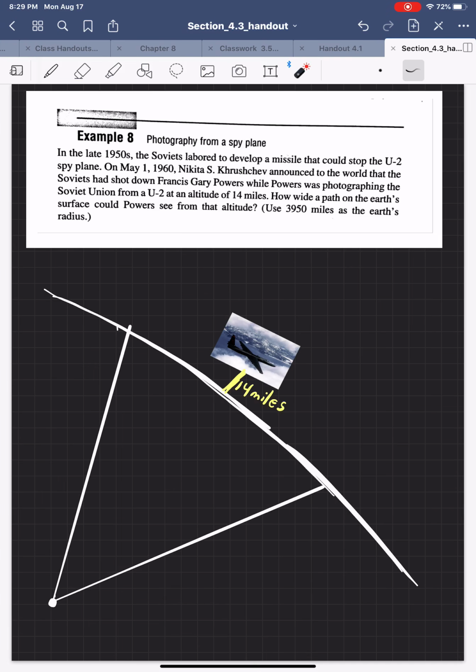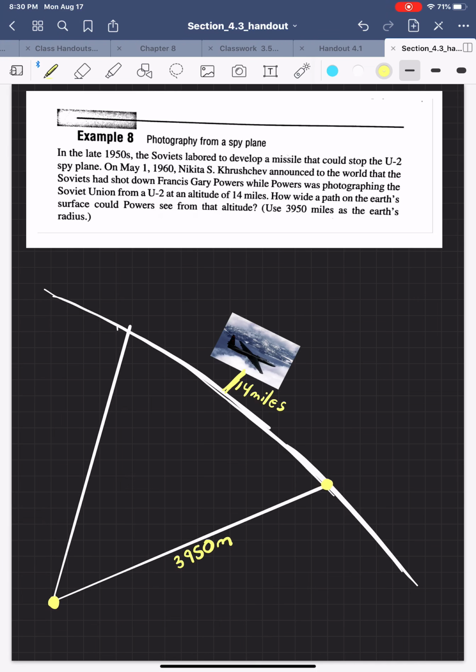So let's start. They want us to use 3,950 miles for the radius of the Earth. Obviously it's not drawn to scale, but we'll let this yellow dot be the center, and we got 3,950 miles to the surface, right?